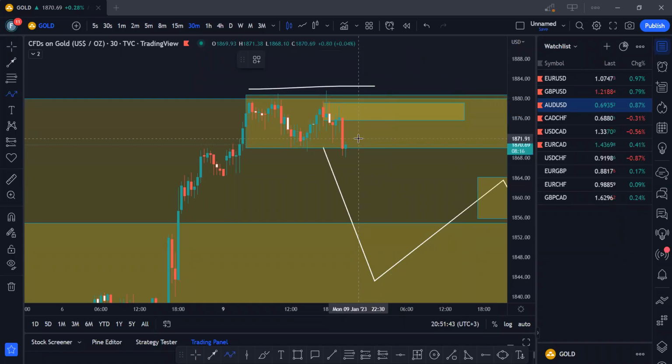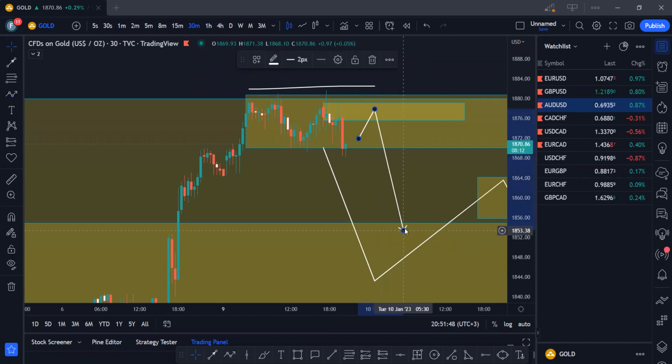So we should expect a retracement into this zone, and then you want to look for possible sells. Again, you want to be very, very careful. This is a counter trend move. You are selling against the trend. Hope that makes sense. So that's what we will do on gold.